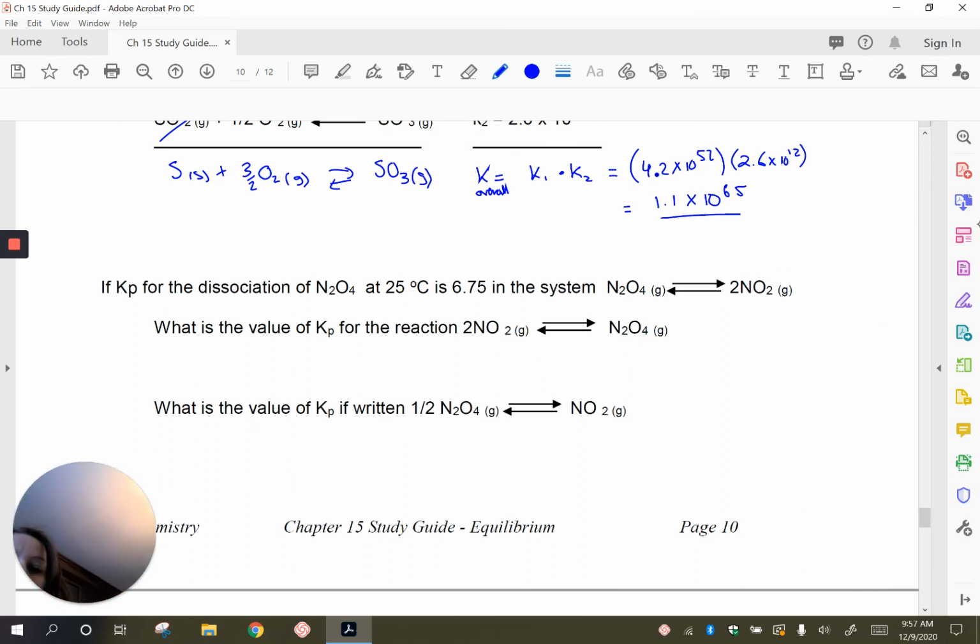So K for this reaction would be equal to 1 over K forward, so 1 over 6.75, which is, I had to grab my calculator here, 0.148.